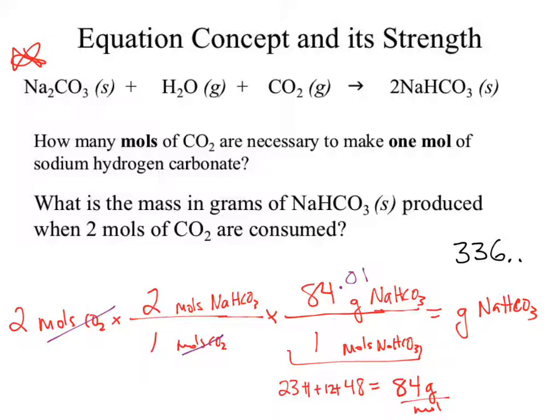Based off how the question was so poorly written, I'm only allowed 1 sig fig, which means my answer can only be that, and my answer becomes 300 grams of sodium hydrogen carbonate, or 3 times 10 to the second grams of sodium hydrogen carbonate.